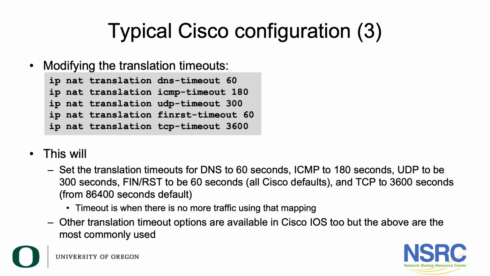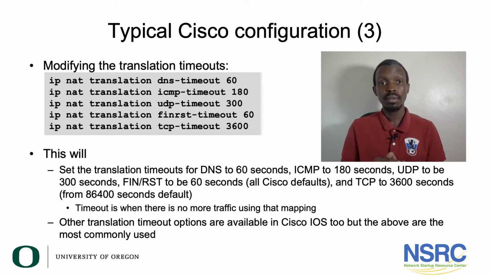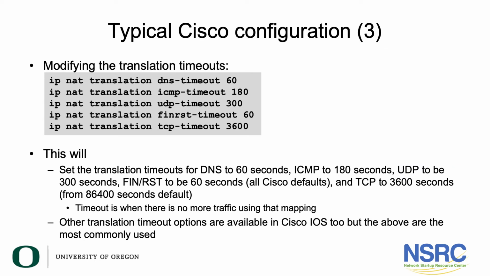Once you've done that, the next thing that you could do is modify the timeouts, and we've shown you the different timeouts that are available. So there's a DNS timeout, ICMP timeout, UDP timeout, FIN RST timeout, and then the TCP timeout. The DNS, ICMP, UDP, and FIN RST timeouts that we are showing on this slide are the Cisco defaults.